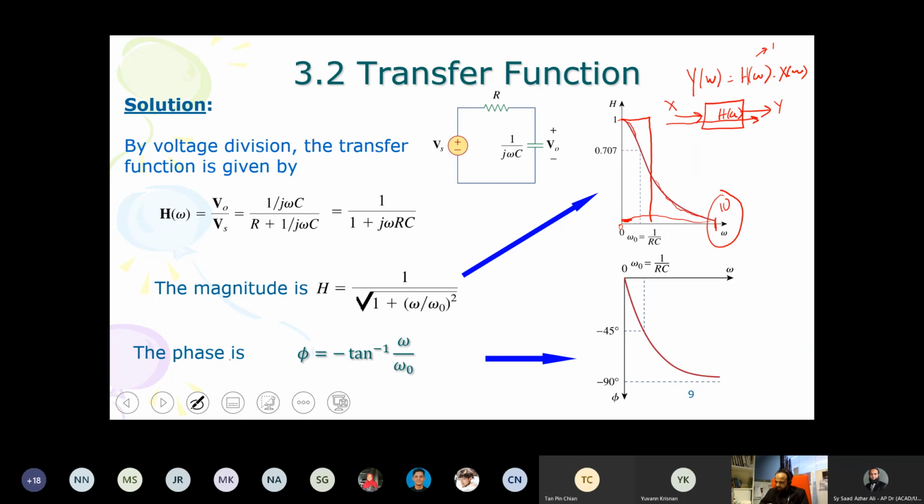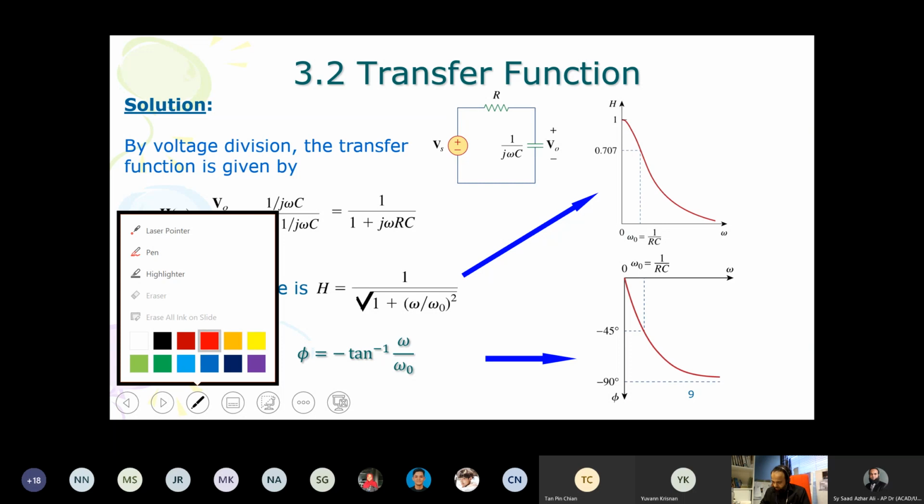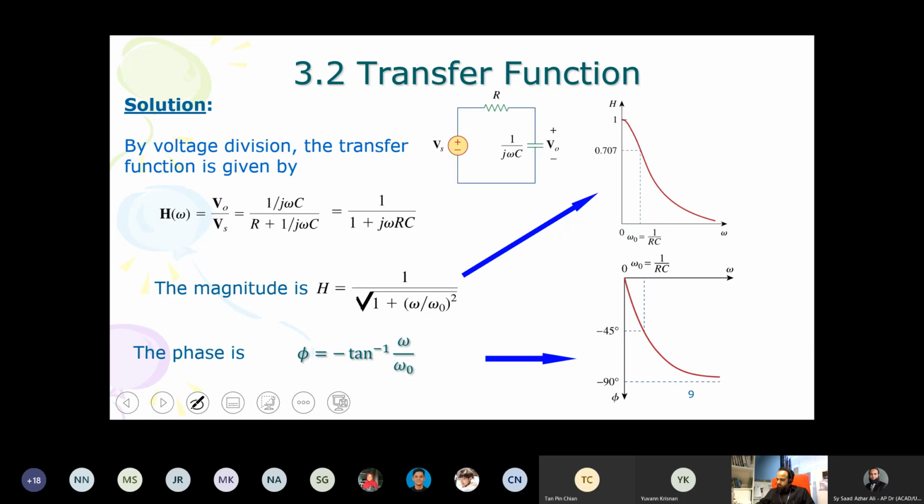Let me erase all the ink from here and choose a different color. So I'm able to draw the plot like this. What do you see now?